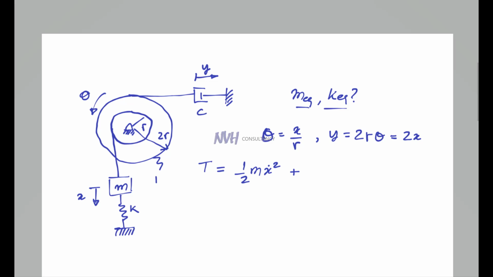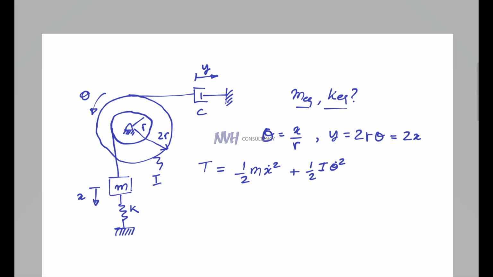The pulley will have a moment of inertia of I. So the rotational energy is half I theta dot square. Then you can replace this theta dot with x dot using the relationship between theta and x.